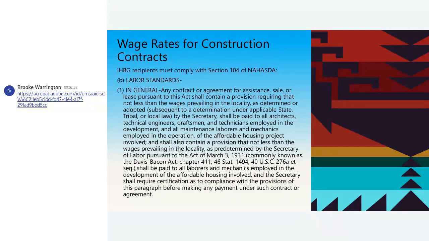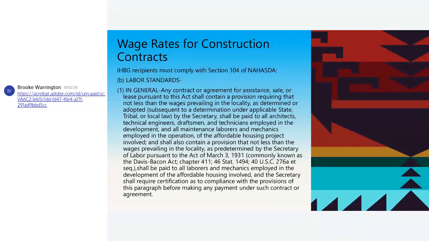Any contract or agreement for assistance, sale or lease under the Act must contain provisions requiring that not less than the prevailing wage rate in your locality, as determined by state, tribal, and local law, the Secretary of HUD will determine, needs to be paid to all your architects, technical engineers, draftsmen, technicians employed in the development, maintenance, laborers, mechanics employed in the operation of your affordable housing project.